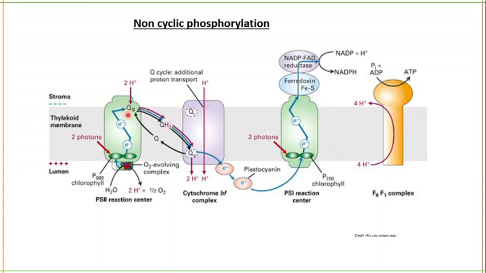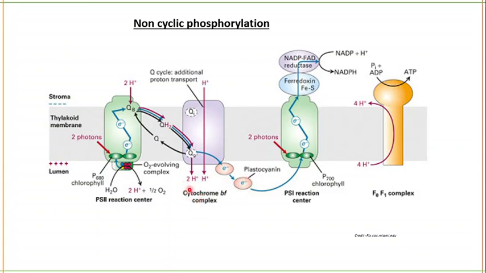After this, plastoquinol will bind to the cytochrome b6f complex. The cytochrome b6f complex consists of a Rieske iron sulfur protein, 2 cytochrome b, and 1 cytochrome f. What does it contain?